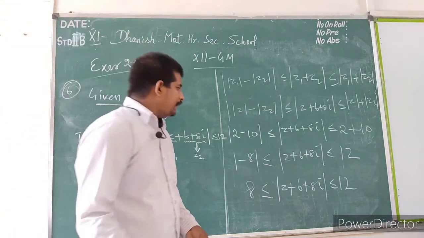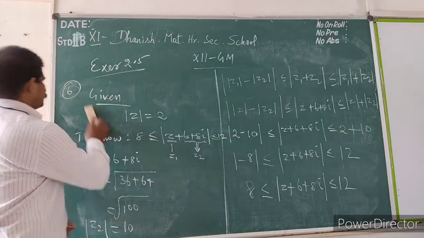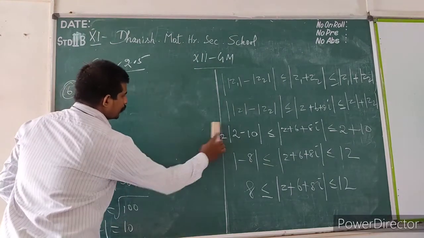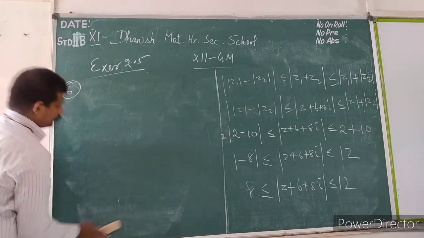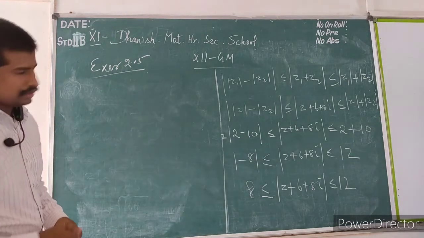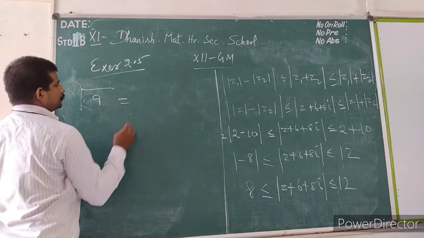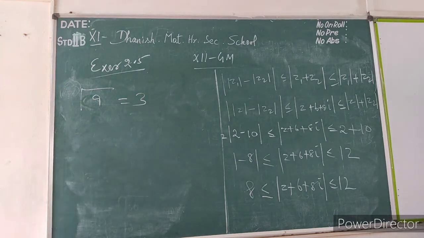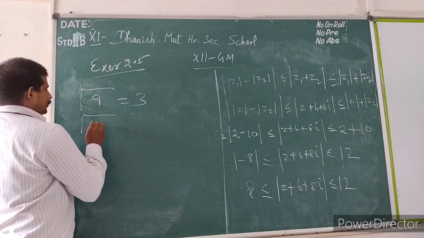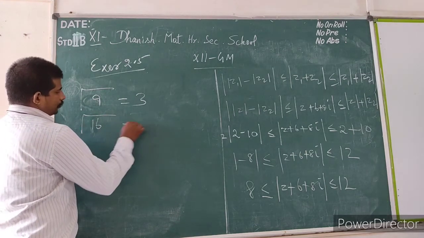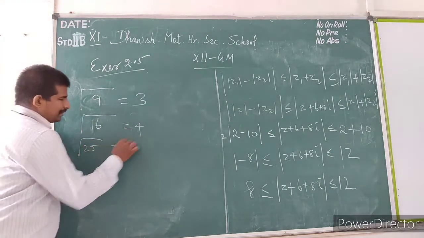Now, as you know how to find the square root for a given number, for example, the square root of 9 is 3, the square root of 16 is 4, the square root of 25 is 5.